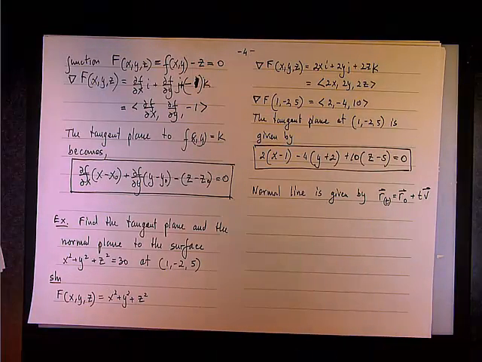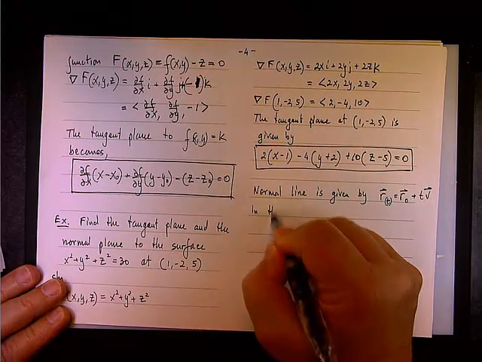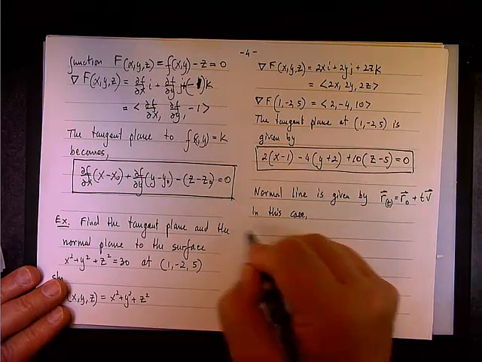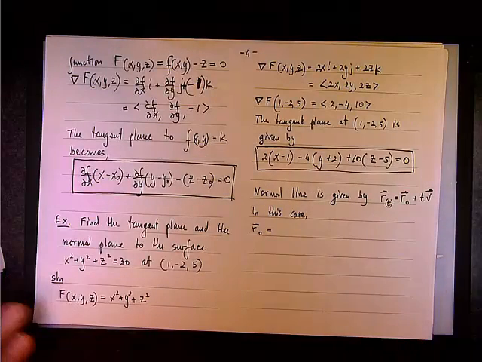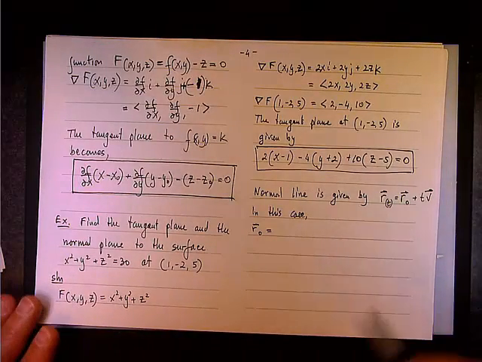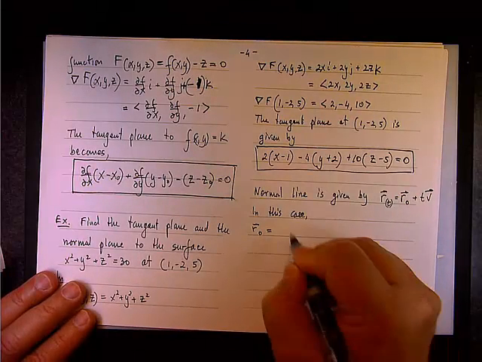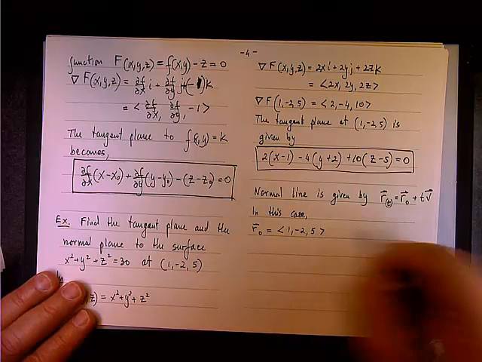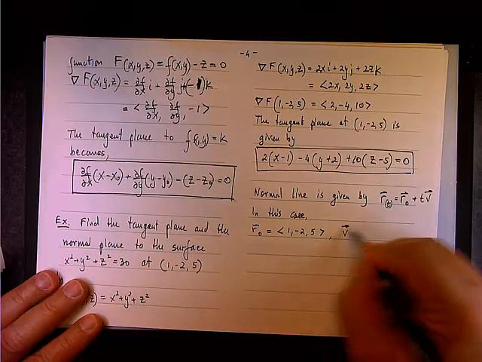This is the general form, that's how we learn it. In this case, r sub 0 is the position vector, from the origin (0, 0, 0) to the point (1, -2, 5). So the position vector is (1, -2, 5).